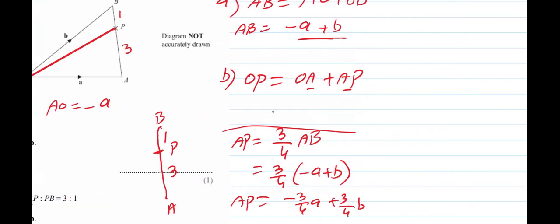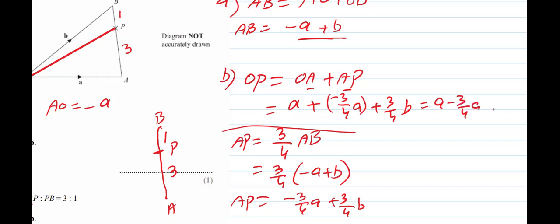Let's solve that. OA is already given, A, plus AP we found now. It is minus 3 over 4A plus 3 over 4B. Positive and negative will become obviously negative. So it will become now A minus 3 over 4A plus 3 over 4B.